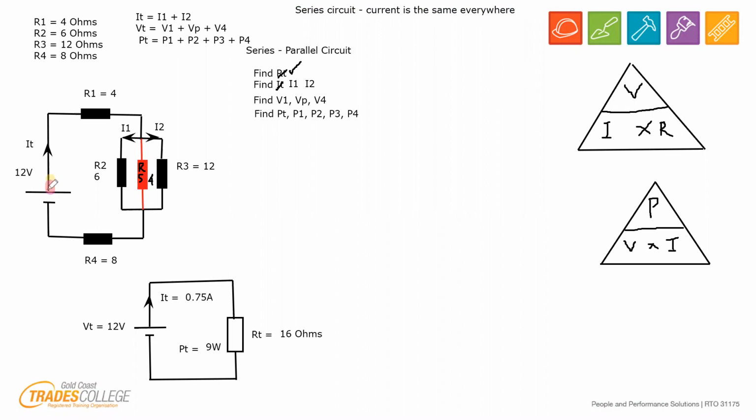That same amount of current goes through R1, which is 0.75, and it comes along to this point here. Whereas in the real circuit, it splits down I1, down I2, and then it comes back again at 0.75 through there.